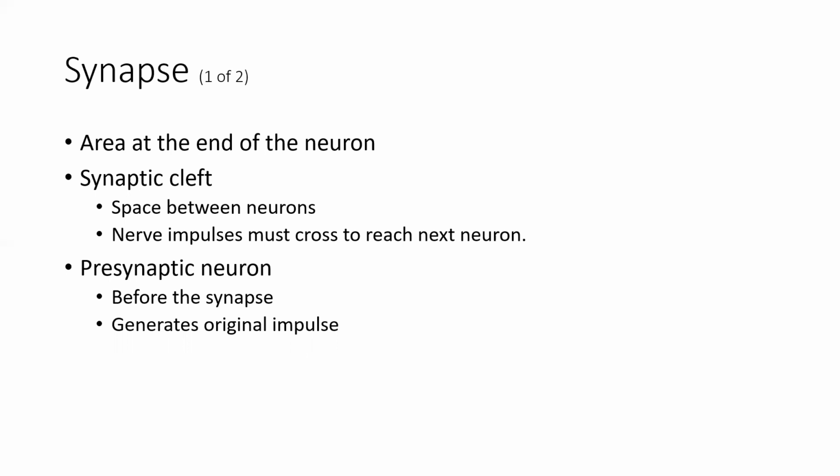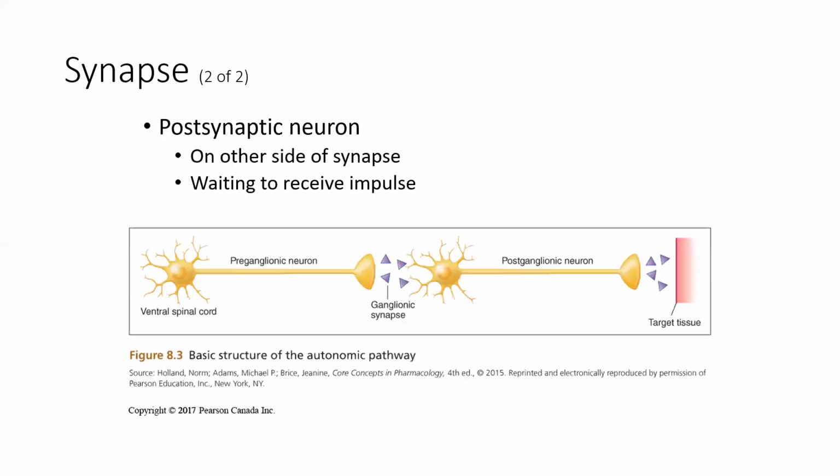They have to pass through the synaptic cleft and then go to the next. Presynaptic neuron, as the word says, pre means before. So before the synapse is presynaptic, and before the synapse is always a generation of the original impulse.